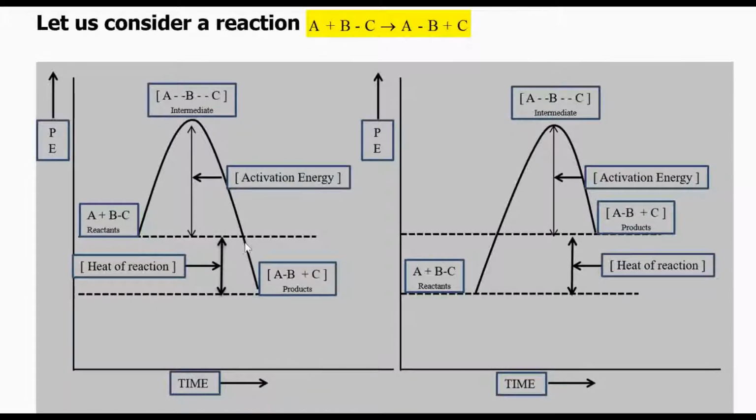What is the difference between these two figures? The difference starts from the beginning. At the reactant stage, you can see that the energy is high in case of the first figure, that is the exothermic reaction, whereas low in case of the second figure, that is the endothermic reaction.